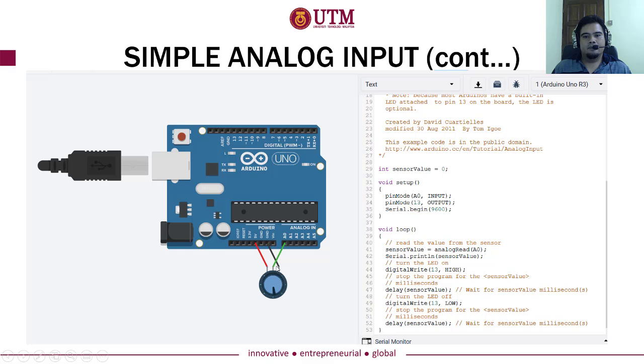Anything that comes through from 0 to 5 volt will be returned and stored in this variable, where again the value will be in the range from 0 to 1023. 1023 represents 5 volt, 0 represents 0 volt. And then this serial port here will print this value in your serial monitor later.